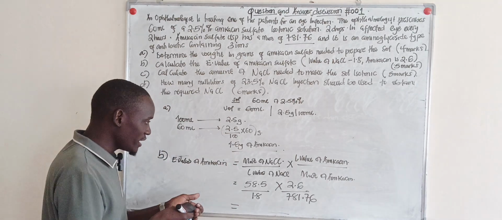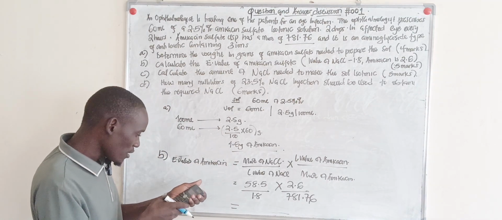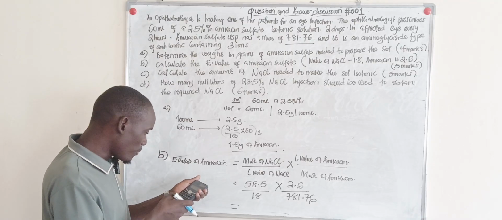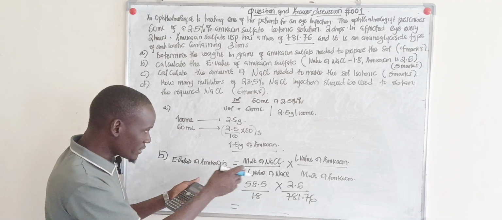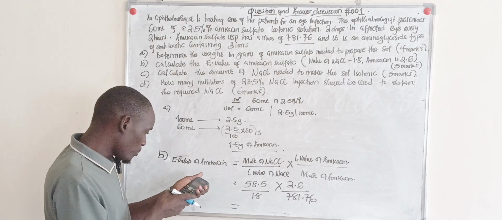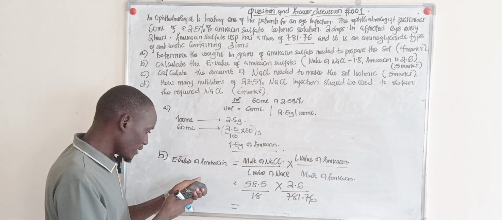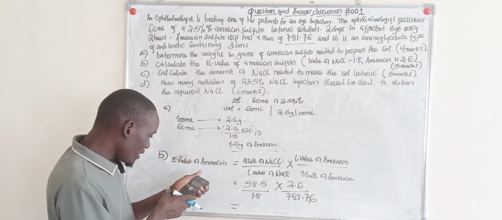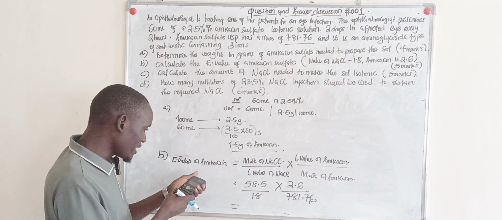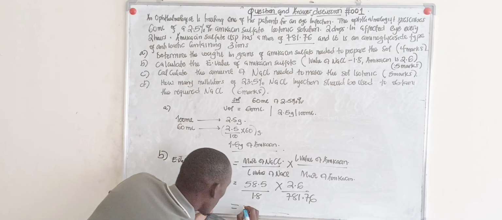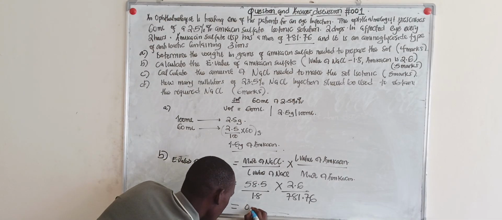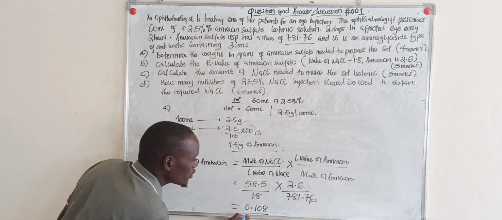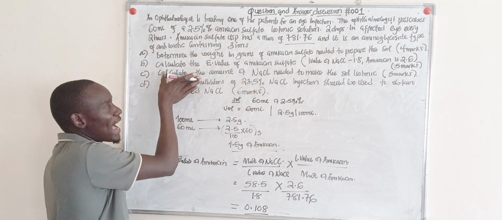And when we compute this, we shall have 58.5 divided by 1.8 times 2.6 divided by 781.76, and when we compute this, we shall get 0.108 as the sodium chloride equivalent of amikacin.